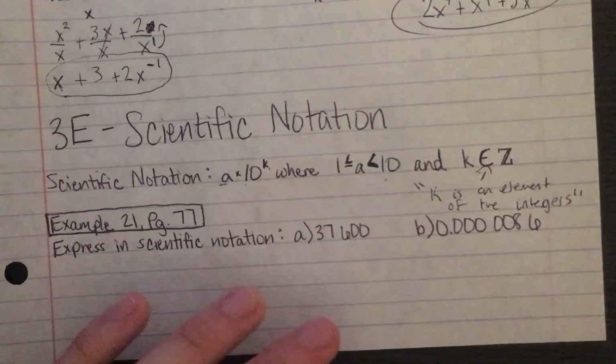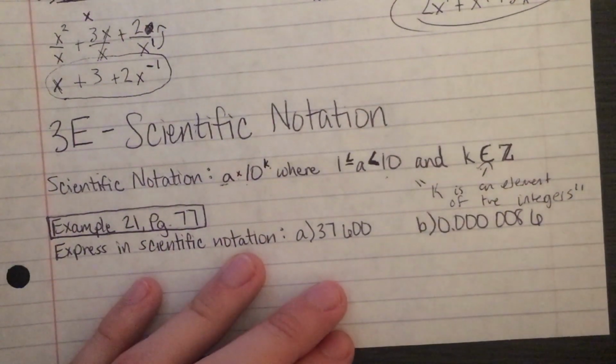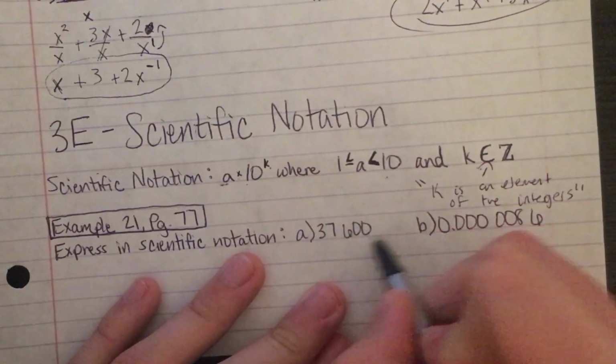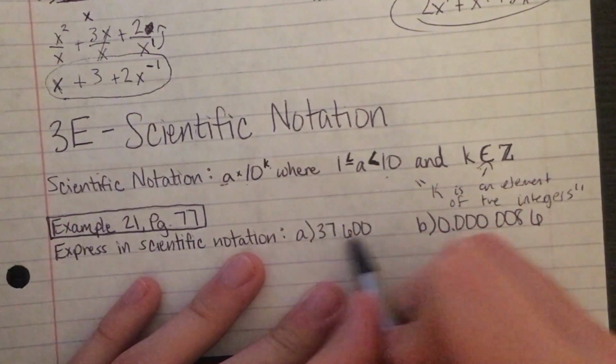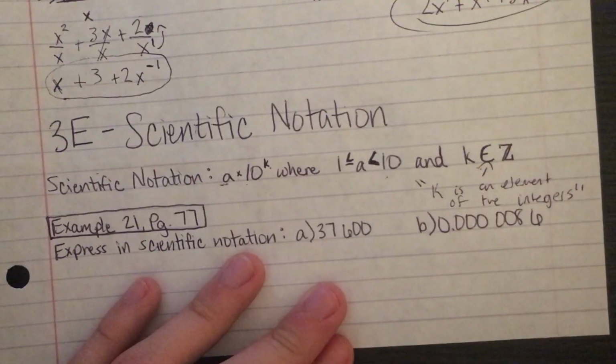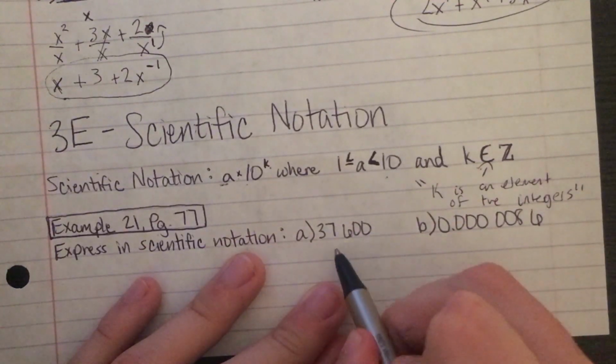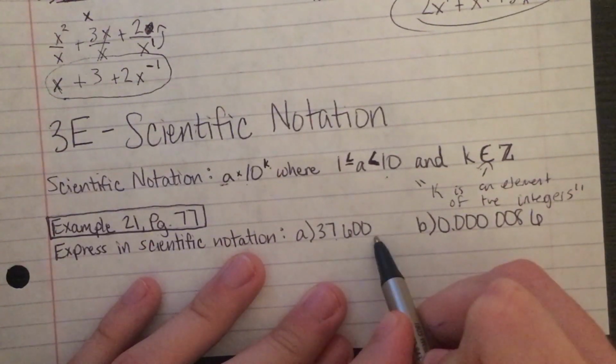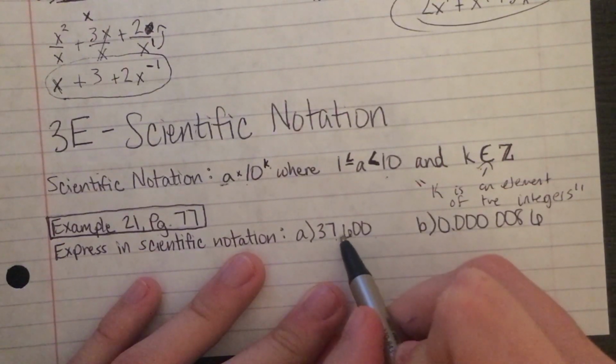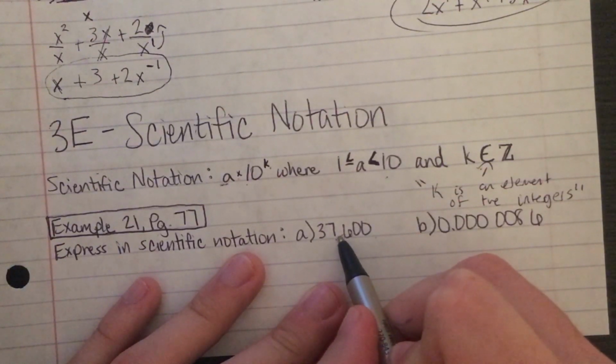And so really the way that you write scientific notation is you look at your number and you say, where could I put a decimal point so that I would have a number between 1 and 10. If I'm looking at 37,600, if I put my decimal point here, it'd be like 37.6.